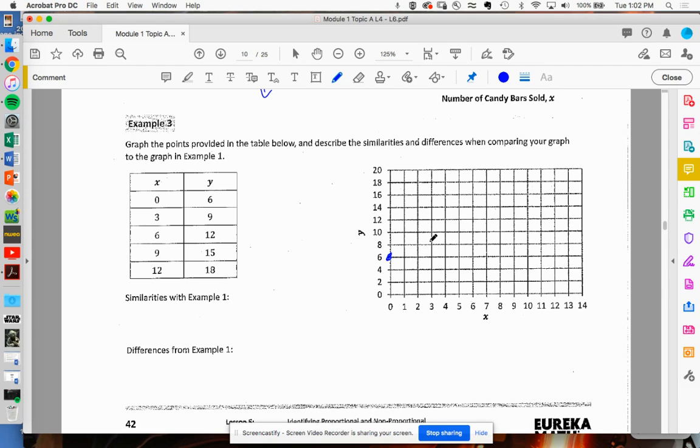Where's 9? In between. You bet, yeah, in between there, do the best you can right in between there. Nine, 15, so we go over 9, up, 15.